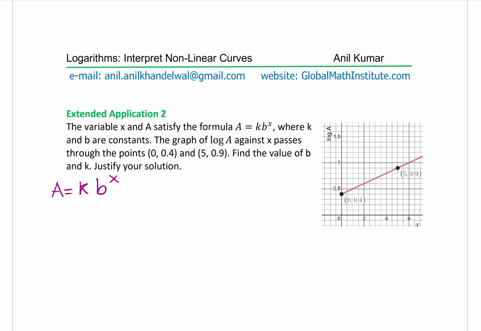The graph of log a against x passes through these two points, (0, 0.4) and (5, 0.9). Find the values of b and k. So basically you have to find these constants. I hope the question is absolutely clear. Now let us see how to solve this particular question.